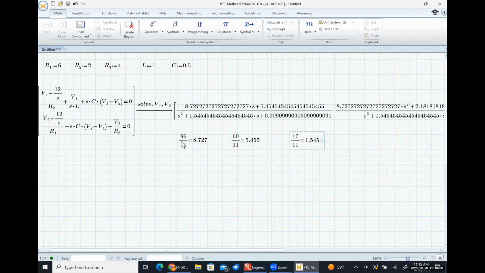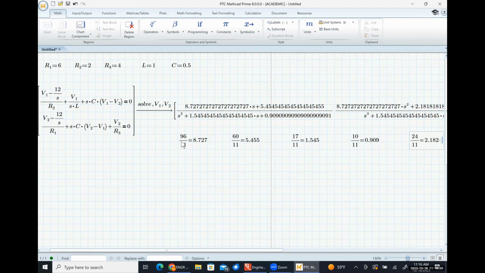That's the 1.545 in the denominator there. We've got a factor of 10 over 11. That's the 0.909 repeating. I think we also have that 2.18, so that's 24 elevenths, which I didn't hit 24. But anyway, we should have all of the different parts of this thing now.